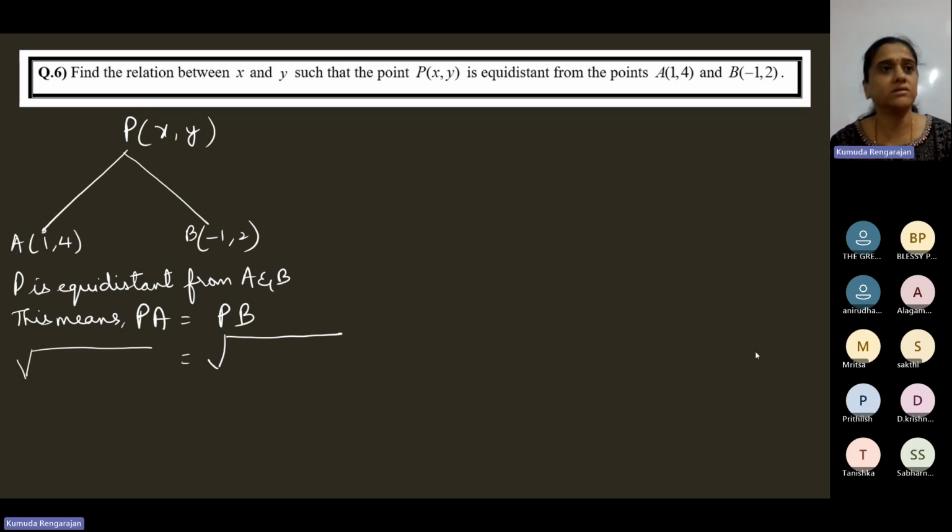Completed, children online? Finished all of you? What's your answer? No, you cannot find the values of x and y here. You'll only get an equation.